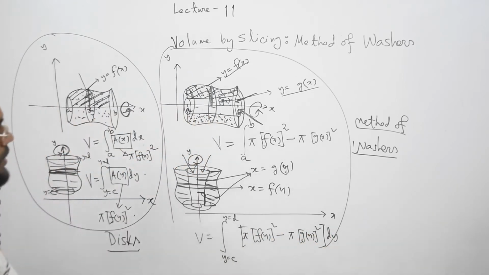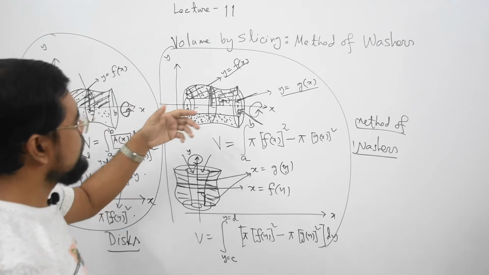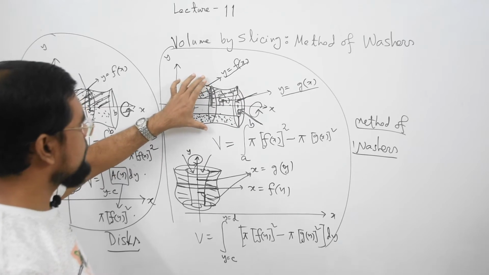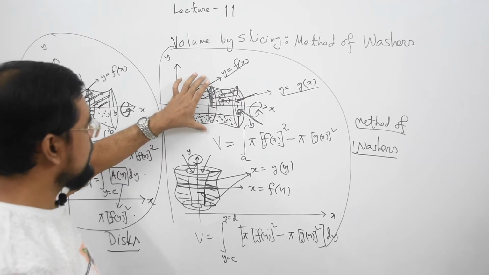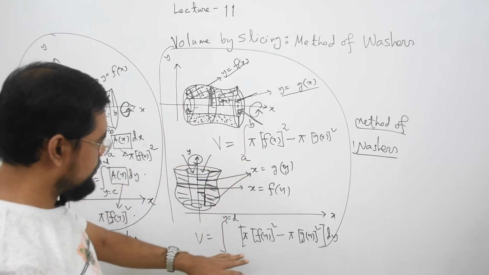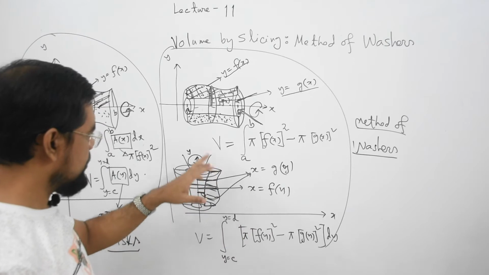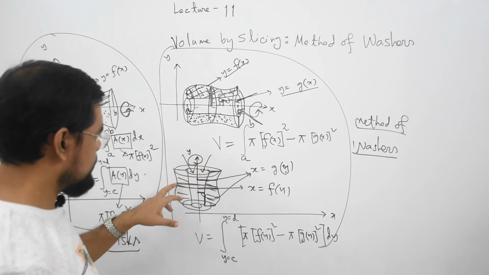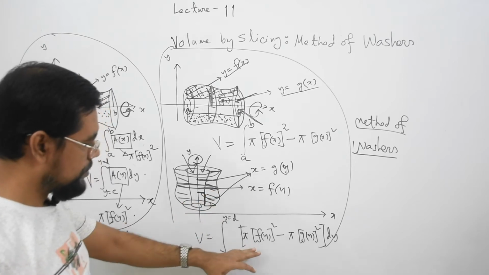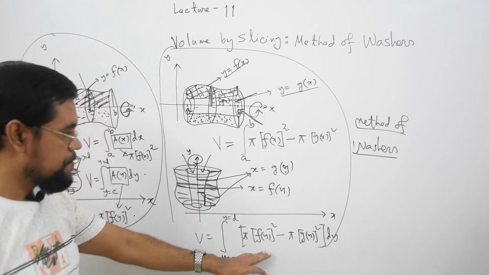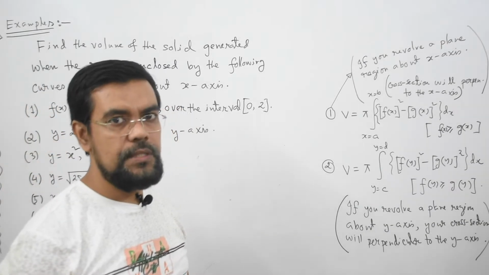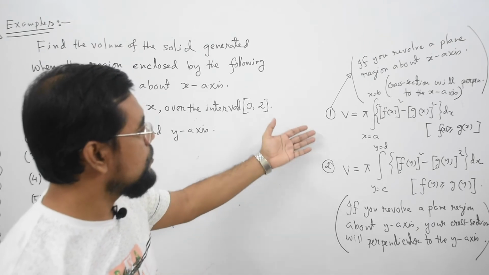So let me review again. If you revolve a plane region about the x-axis, then your cross section will be perpendicular to the x-axis, and your volume formula will be this one. When you revolve a plane region about the y-axis, your cross section will be perpendicular to the y-axis, so your volume formula for the method of washers will be this one. Now we have two volume formulas.